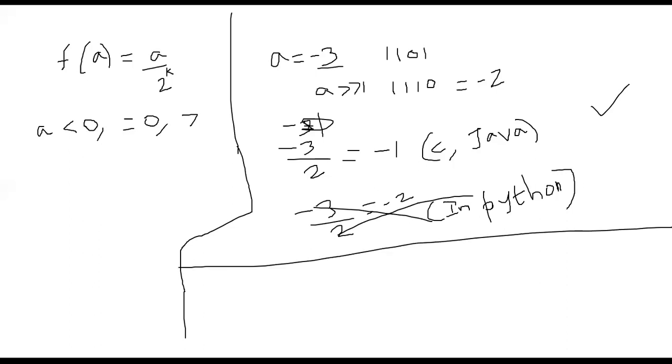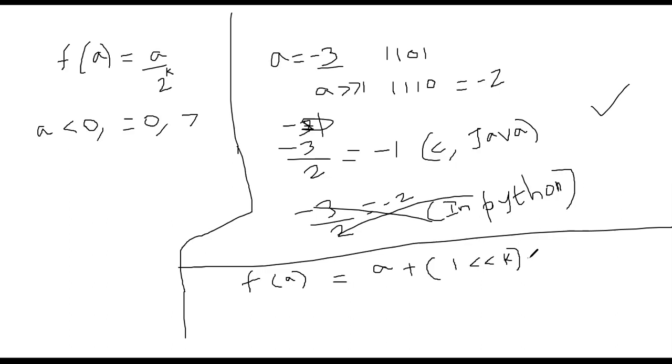At a high level, if you want to abstract, our f of a is nothing but a plus, well, this is the a that they gave to us, we take the number 1, and left shift by k. Actually these two expressions are the same.